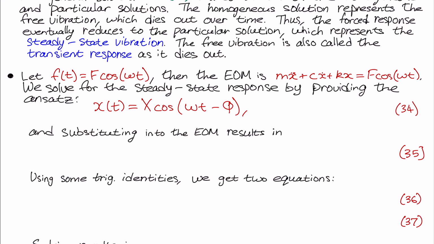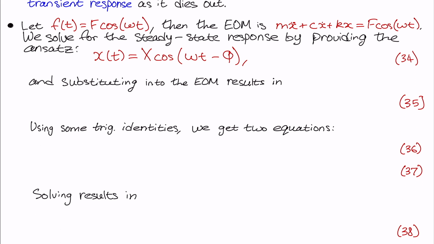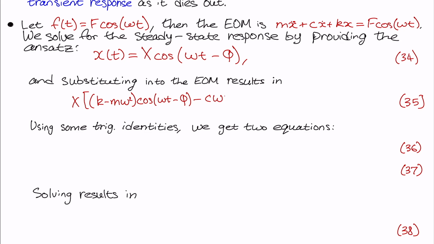Just like with every ansatz, you're going to end up substituting this back into our equation of motion. Then we're going to group like terms, and this will lead to the following. We'll have big X multiplied by the square bracket and the quantity k minus m omega squared times the cosine of omega t minus phi, minus c times omega times the sine of omega t minus phi.